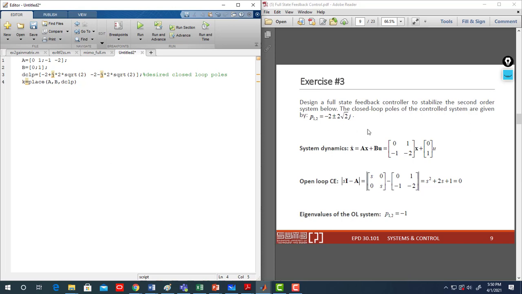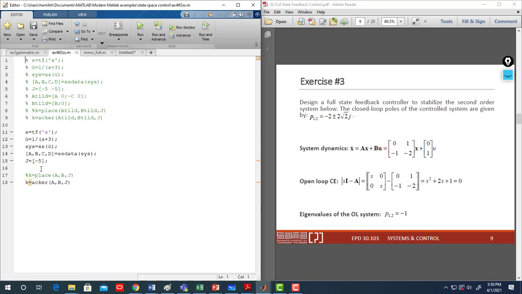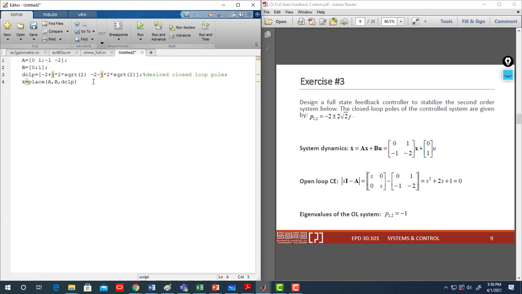Pole placement, the name is place. Or you can use acker, we'll see it later briefly. It's the Ackermann method, also used to compute the gain K.